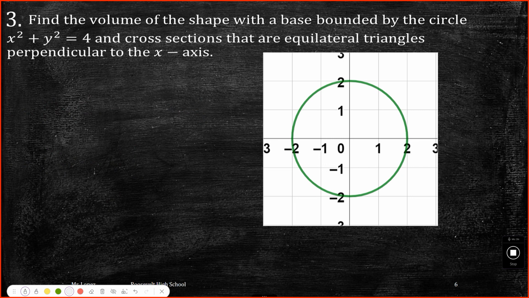Find the volume of the shape with the base bounded by the circle, and cross sections are equilaterals, perpendicular to the x-axis.